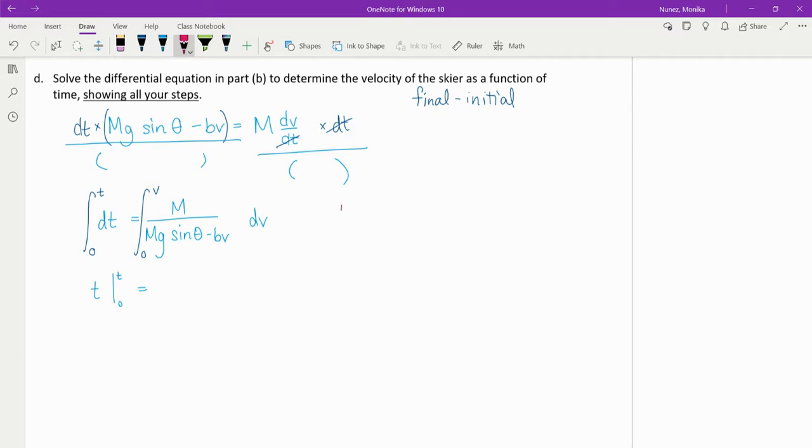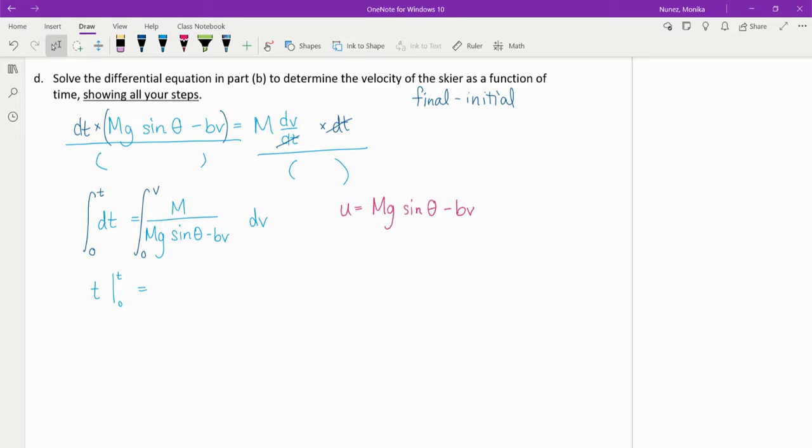In u substitution, we're going to set a quantity equal to u. Specifically in this case, we're going to say u equals mg sine theta minus bv. We have to do this because this is not a simple polynomial expression, and at least as of right now, those are the only expressions we know how to take the integral of.